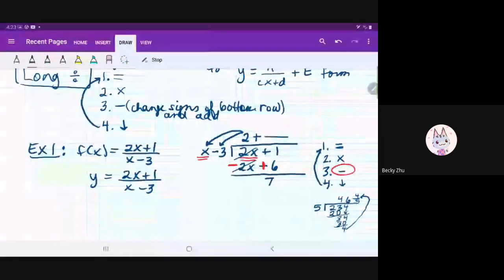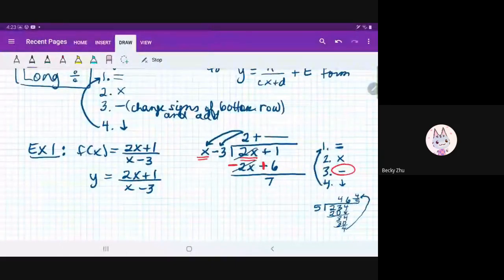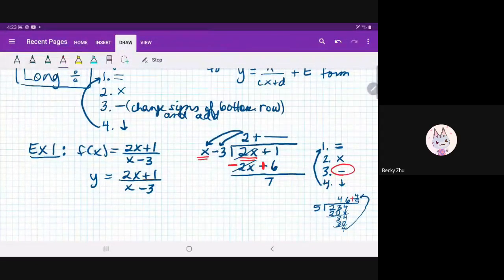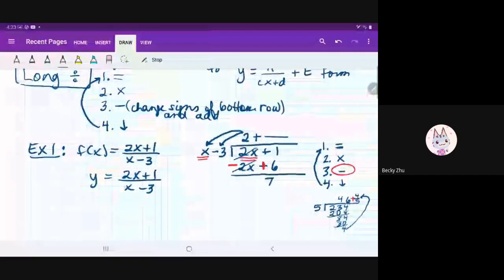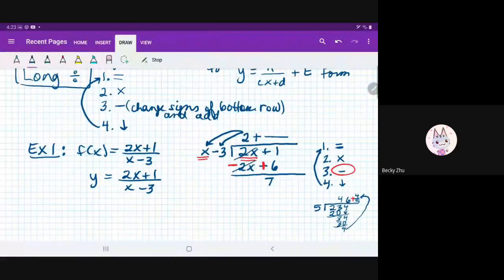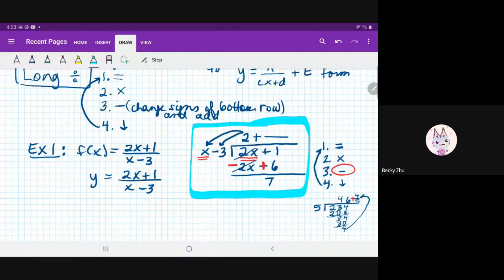So the 5 comes from the number in the front, and the remainder goes on top of the fraction. The only difference with algebra is we put a plus in the middle, because in algebra, if you don't put a plus, it means multiplication. Okay, so what goes in the numerator, the top of the fraction, in the one that we did right here?